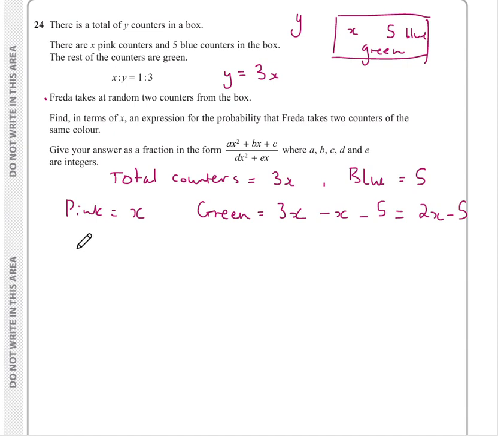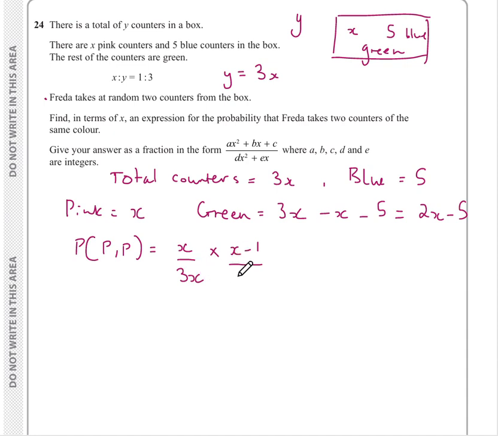Okay, so let's have a think about our probability. First of all, let's do pink and then pink. The probability of my first pink, I've got x out of a total of 3x I'm choosing from in that box. For my second choice, I've already taken one pink out, so I've got x minus 1 pinks left.